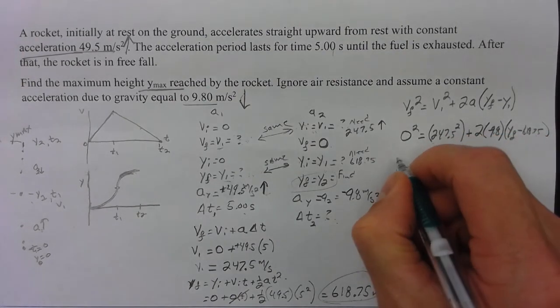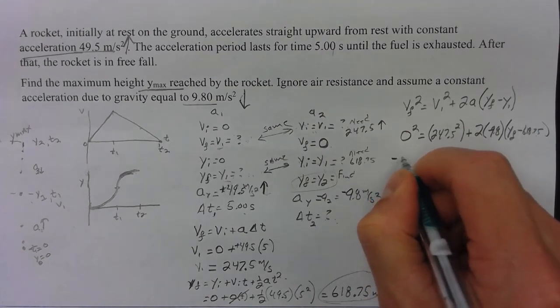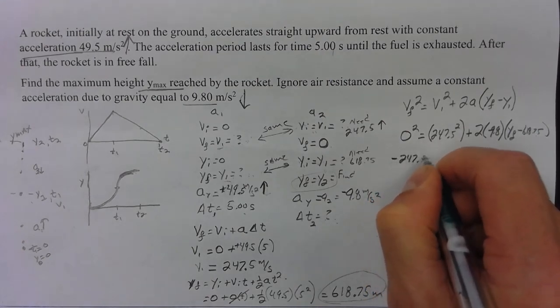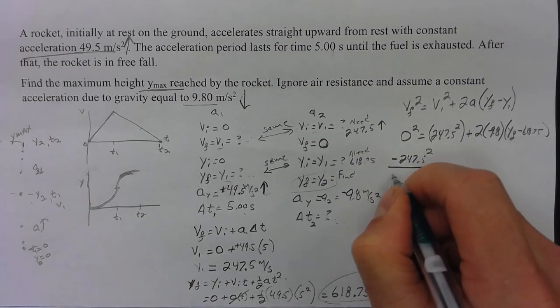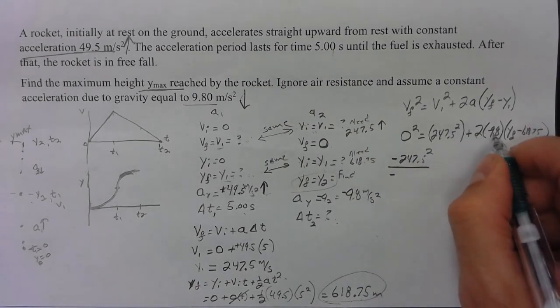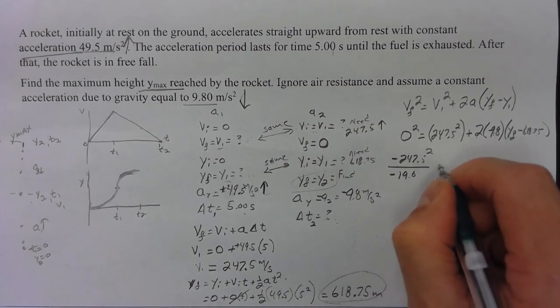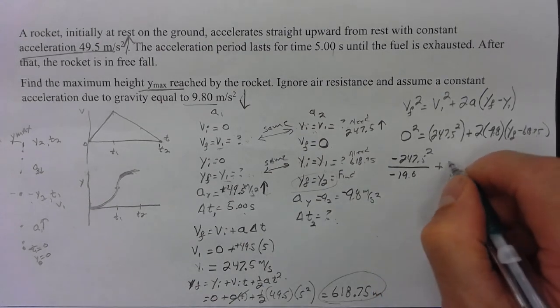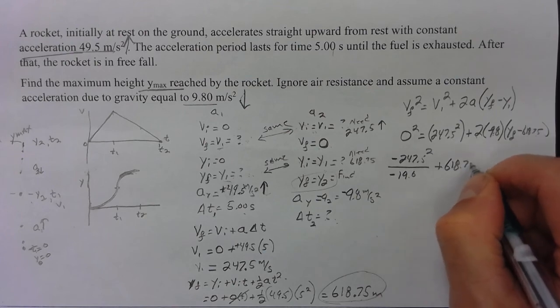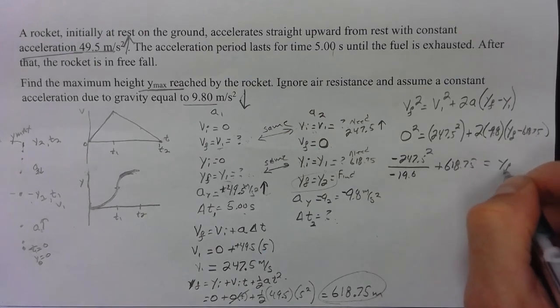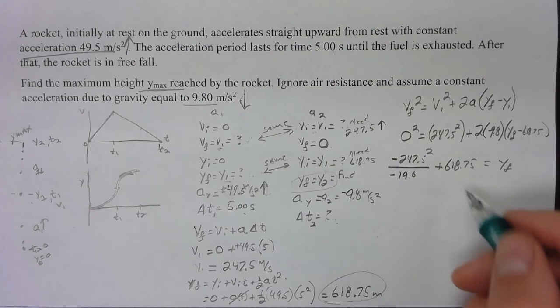All right, rearrange some stuff. You get negative 247.5 squared divided by negative 2 times 9.8, which is 19.6, plus 618.75. That's going to equal y final. So I did some algebra.